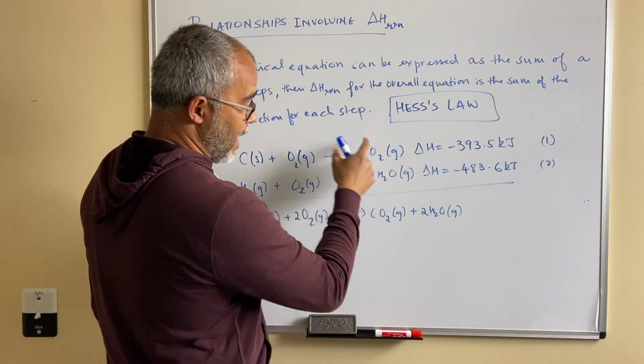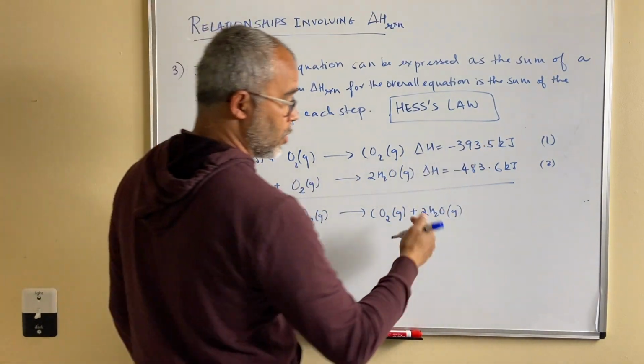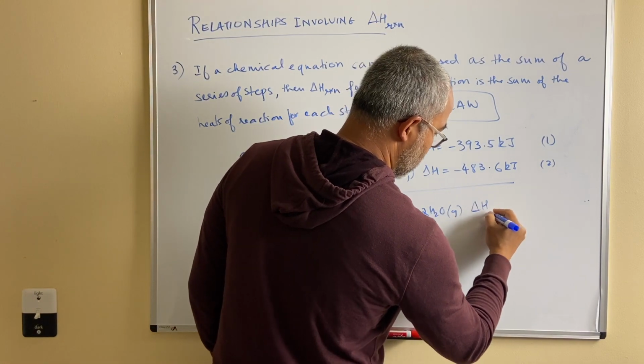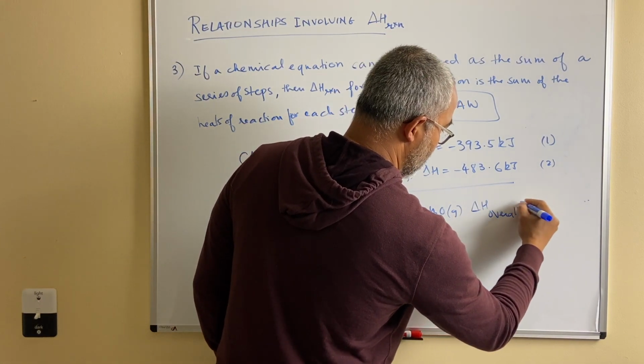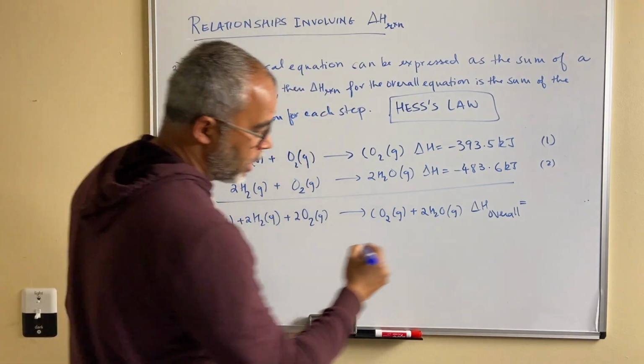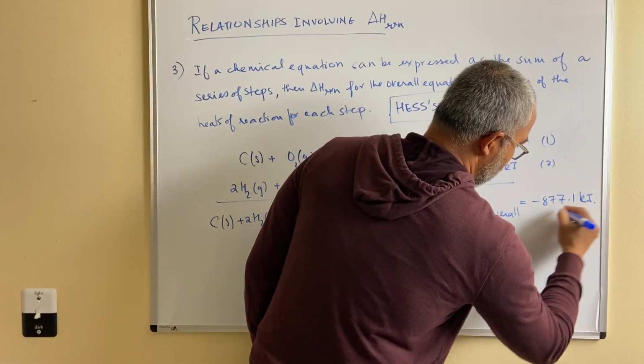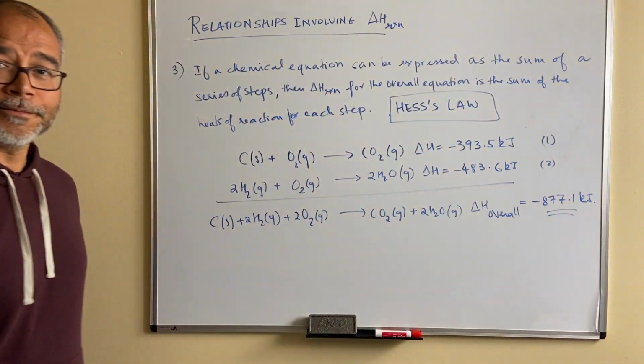What this is telling me is that if I add these two equations, then I have to add the delta H's for each of them too. So the overall delta H is going to be equal to this plus this, which is going to be equal to minus 877.1 kilojoules. Okay, I hope that made sense.